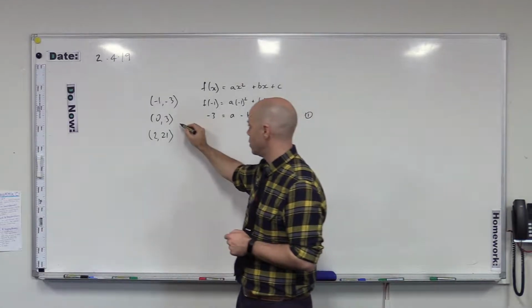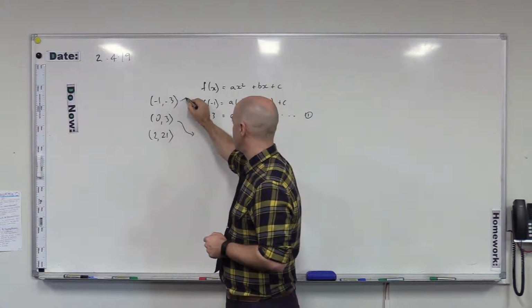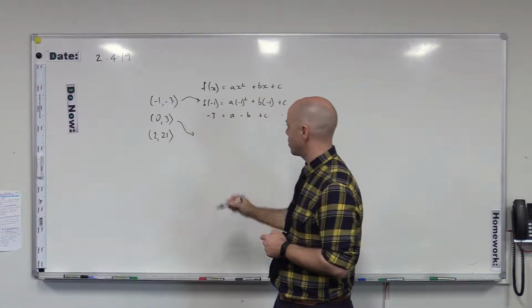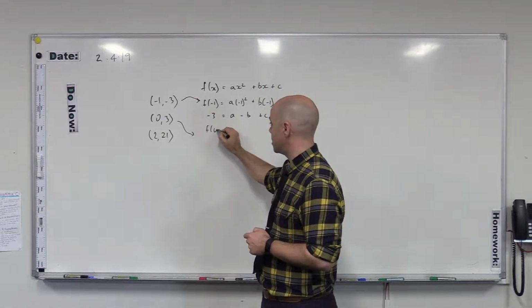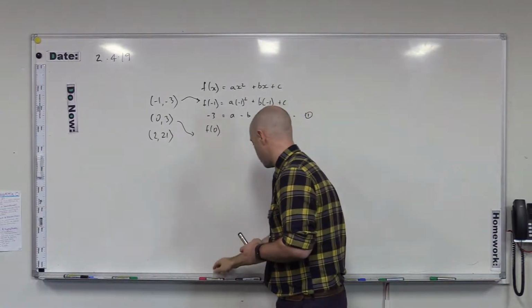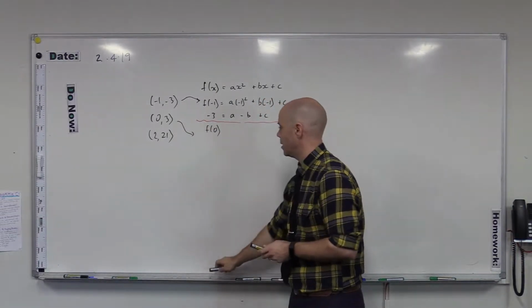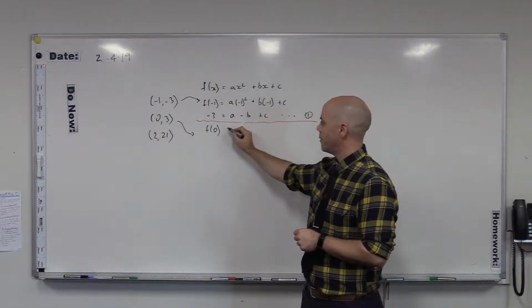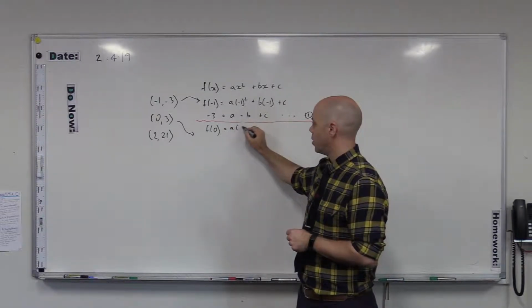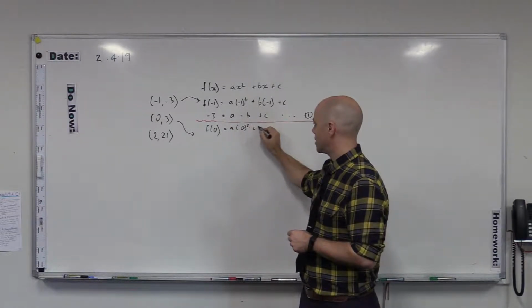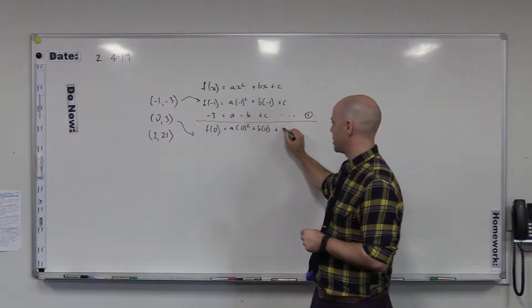Now, that was using this one here. Now I'm going to use (0, 3). I'll just draw a line through here to show there's a new section of working. The function of 0 is a times 0 squared plus b times 0 plus c.